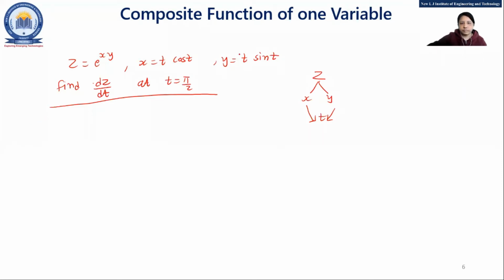So what happened here? dz by dt equal to del z by del x into dx by dt, same equation as the previous example, plus del z by del y into dy by dt.